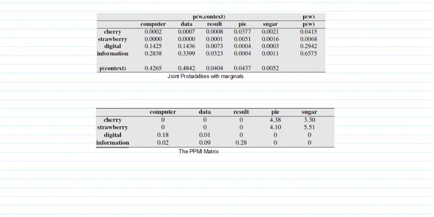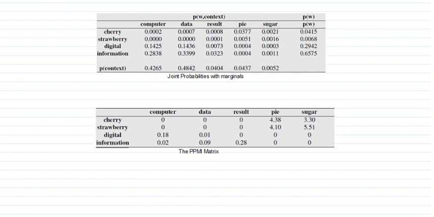So the count of cherry with respect to computer divided by the total count, so that is 0.002, right? So we see that the count of cherry and pie was very high, so their joint probability is also very high. So when we convert these joint probability tables and P of W and P of C into the PMI matrix, we get this kind of matrix.